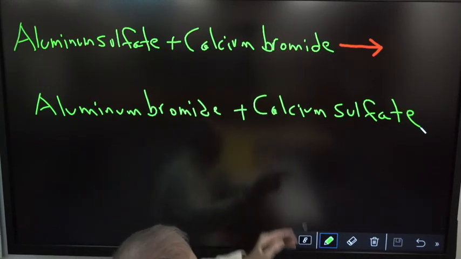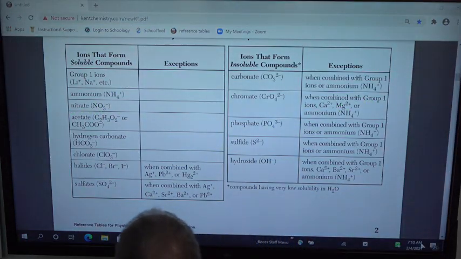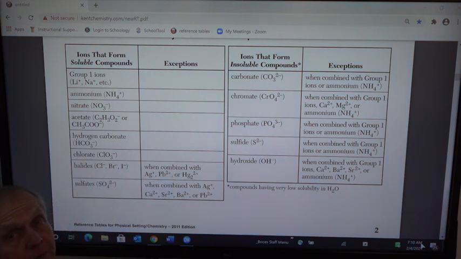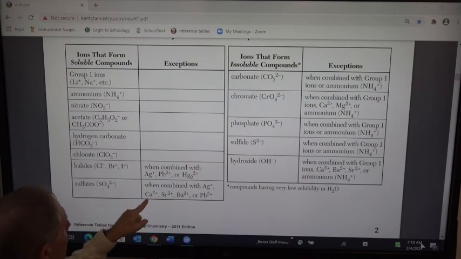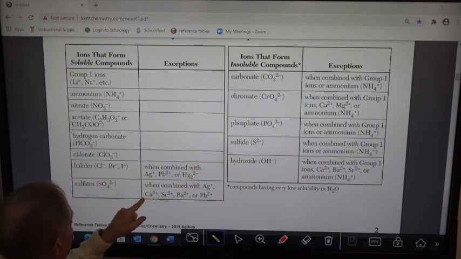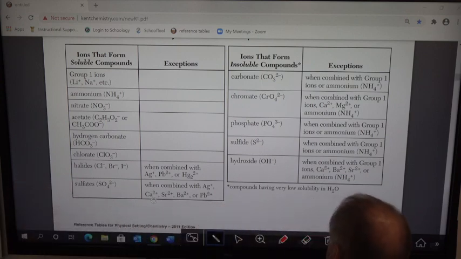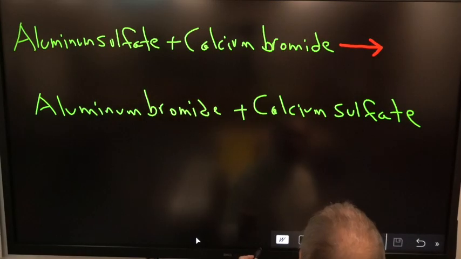Aluminum bromide, calcium sulfate. So here's bromide. Aluminum bromide is soluble. Calcium sulfate. Here's sulfate. Oh, there's calcium right there. So when calcium is combined with sulfate, it's insoluble. So what we're going to do is this.